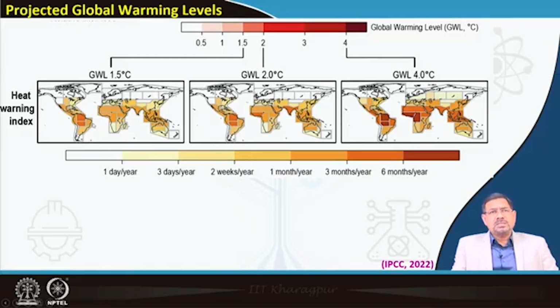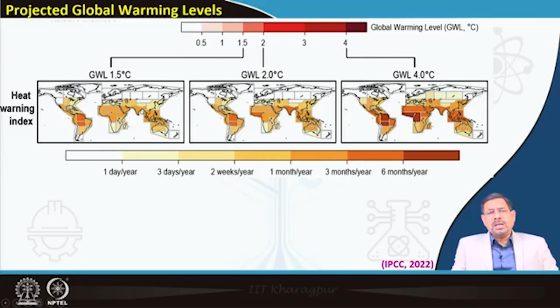If we look at this part of the Amazon basin or Brazil, here we will have a heat warming index shown as how many days per year. If you see here, maybe 3 months per year we will experience heat.